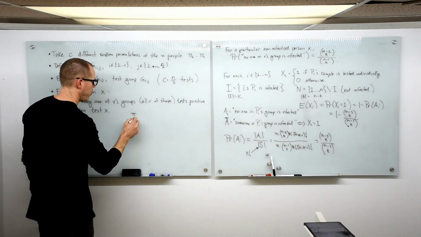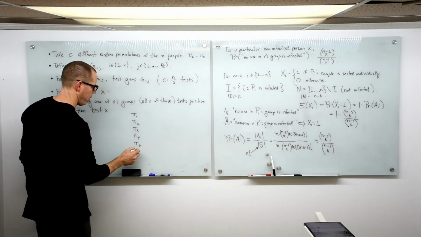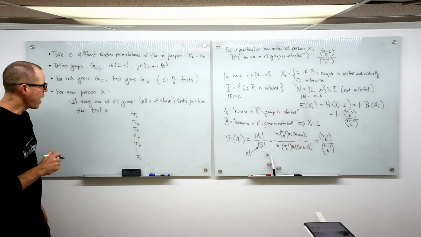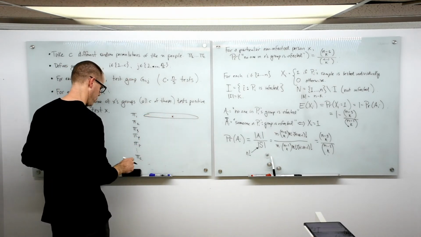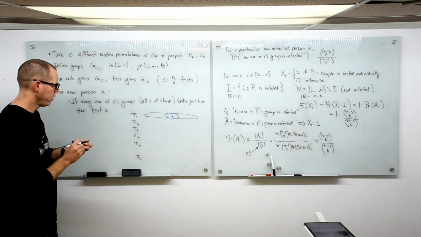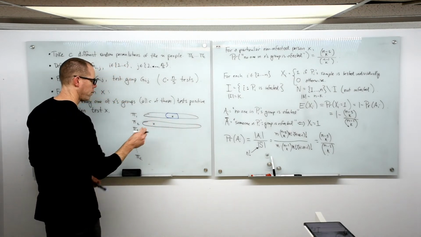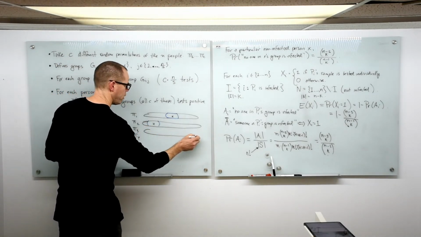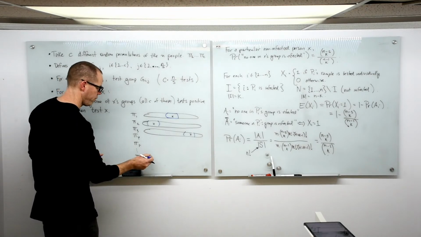So remember, I have permutations pi 1, pi 2, pi 3, pi 4, pi 5, up to pi C. If I look at a particular person X, then X appears somewhere in this permutation. And that means that they appear in some group in this permutation. That's in permutation 1. But X appears also in permutation 2, somewhere, like there, for example, which means they also appear in some group there. And then X appears here, and so on.